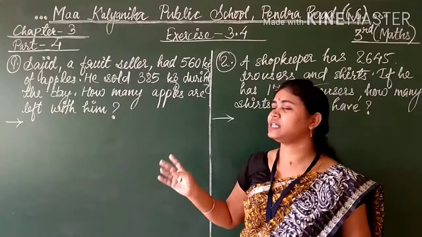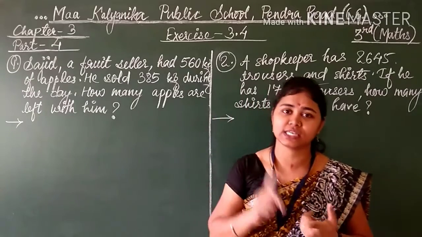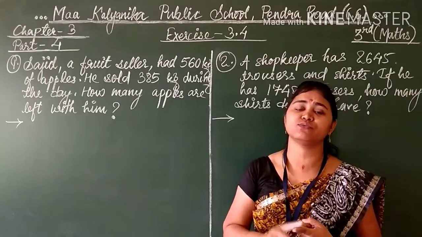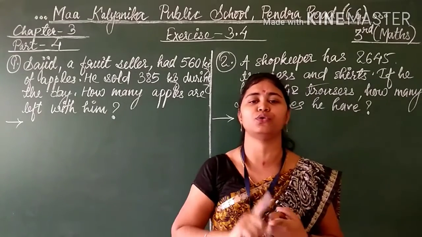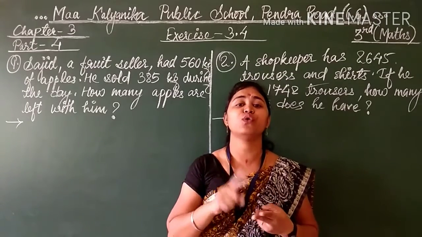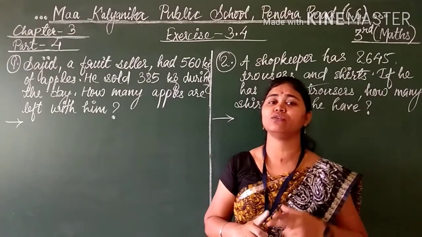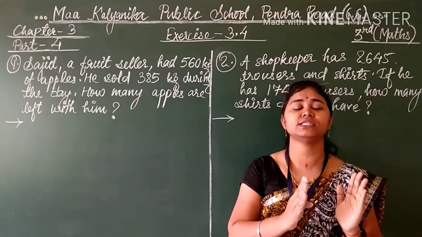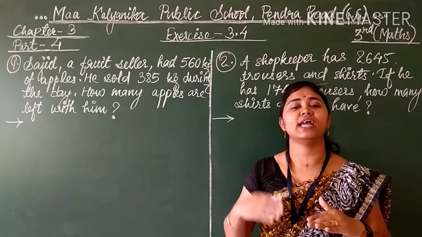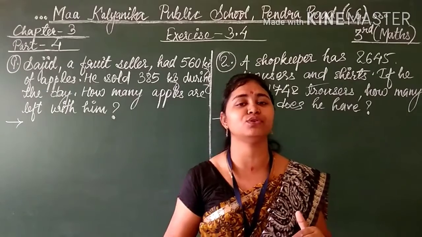In word problems you should first know what is given in the question, what things are given, which values are known to you. Then, students, you should know what you have to find out. After knowing what things are given, you will easily be able to understand what you have to find out and which operation, either plus or minus, you have to do.